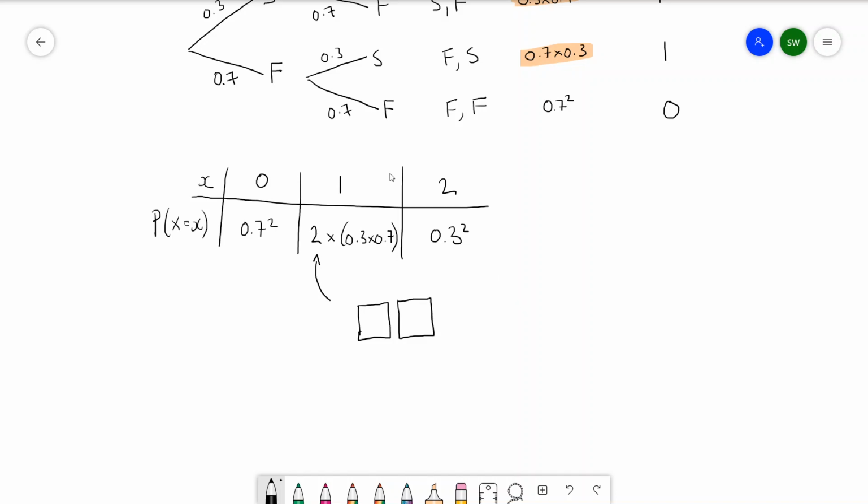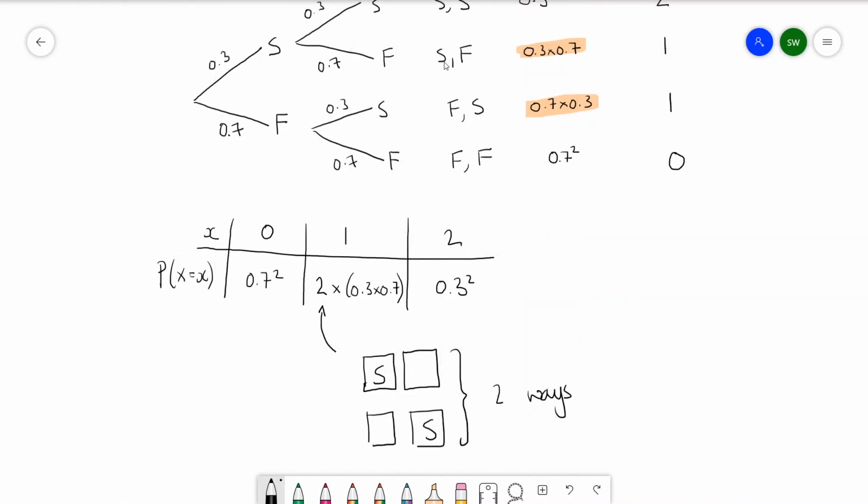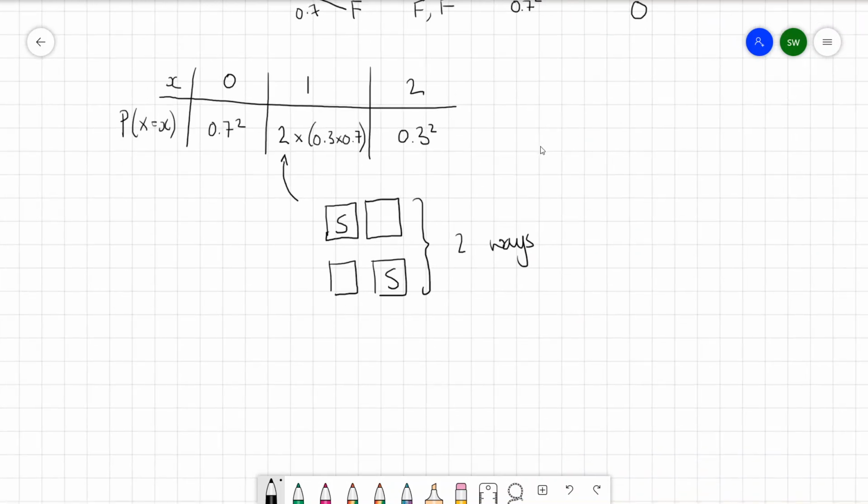And in order for x to be 1, so having 1 success, we need to choose one of these boxes to be a success. So obviously our 2 different options are we could either choose the first box to be a success or the second box to be a success. So there's 2 ways of doing that, which is why we had 2 ways on our tree diagram of having 1 success and 1 failure.